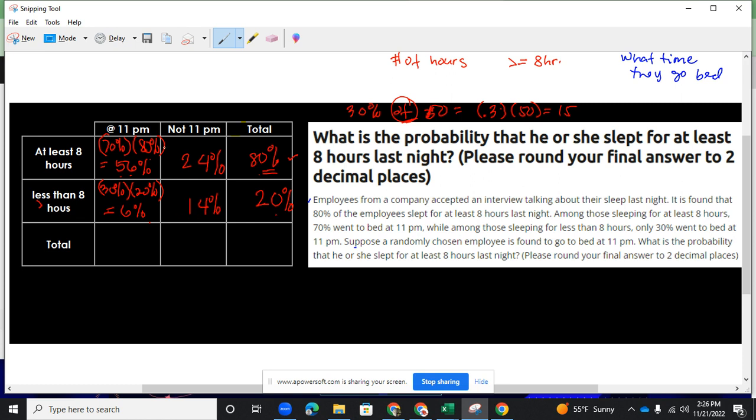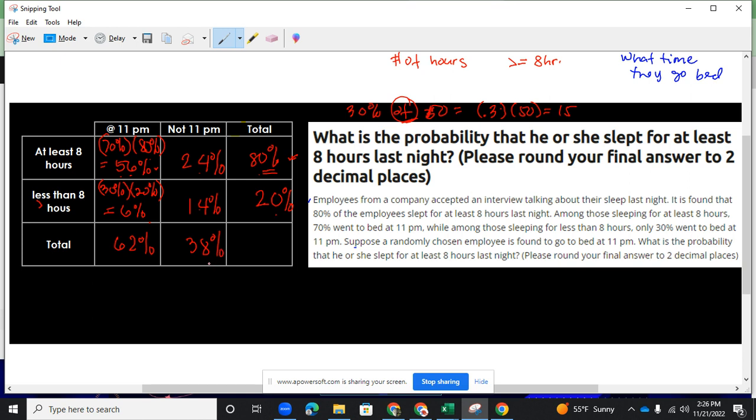Okay, now 80% of the total is people sleeping at least 8 hours, 20% at less than 8 hours. But what percentage of all the people sleep at 11? Well, you just add 56 and 6, which is equal to 62%. Okay. And when you add these two, you have 38%.